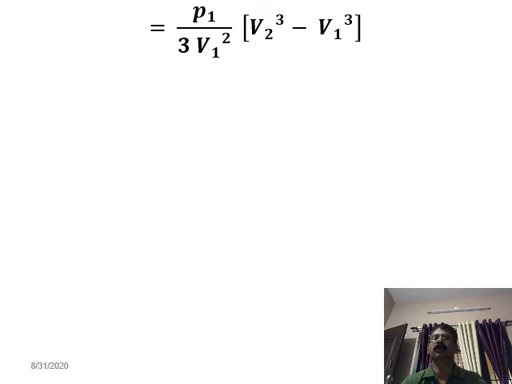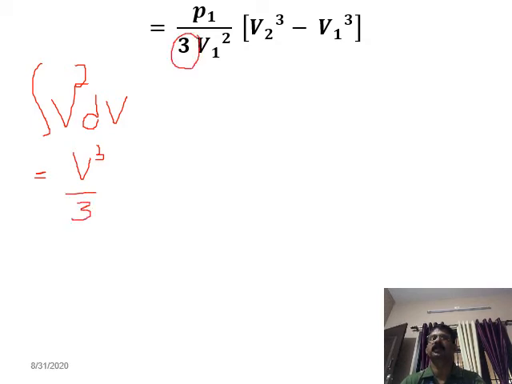Integration of V square with respect to dV is nothing but V cube by 3. So that 3 directly comes along to the denominator here, so it becomes P1 by 3 V1 square, and this V cube, when applied with upper limit, becomes V2 cube, and lower limit becomes V1 cube.